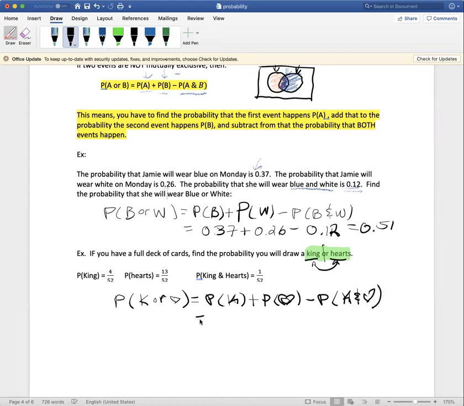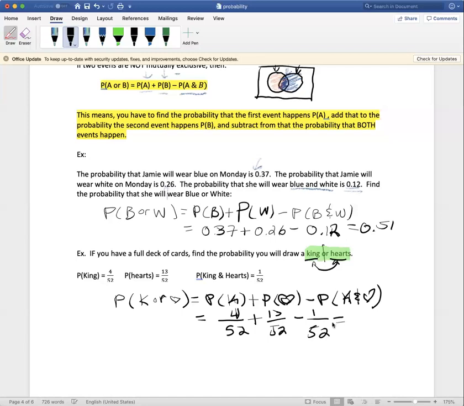Well, the probability you draw a king, and again, in a standard deck of 52, we're going to have 4 kings. So that's 4 out of 52. And the probability that we draw hearts, well, in a standard deck of 52, a quarter of them are hearts, or 13 of them are going to be hearts. So that's the same thing as saying 13 out of 52. And then minus the probability that you have a king and a heart. Well, there's one card in there that's going to be the king of hearts. So that's going to be minus 1 out of 52.